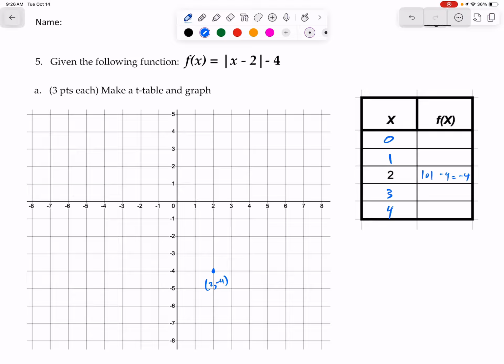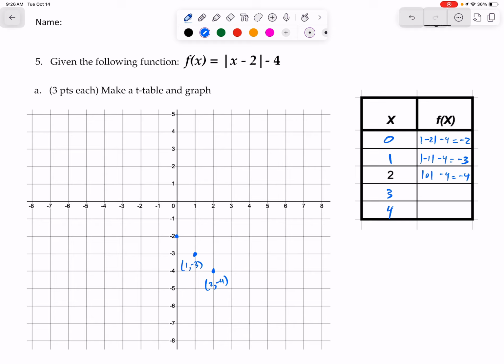Absolute value 1 minus 2 is the absolute value of negative 1 minus 4 is 1 minus 4, which is negative 3. So right there. The point is 1 comma negative 3. Absolute value of 0 minus 2 is the absolute value of negative 2 minus 4 is 2 minus 4 is negative 2.